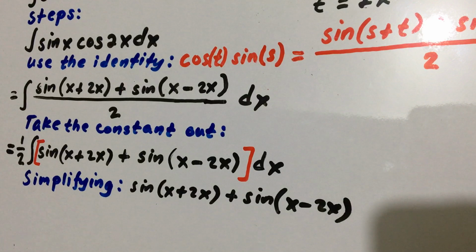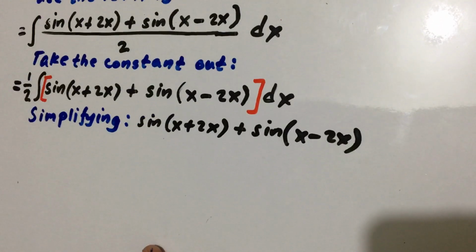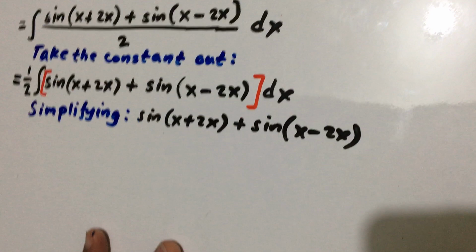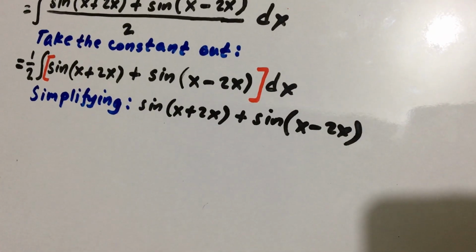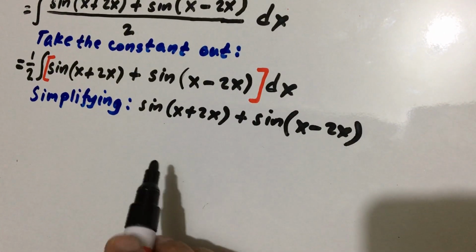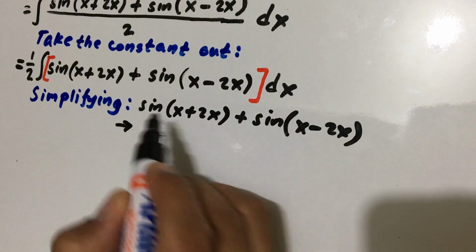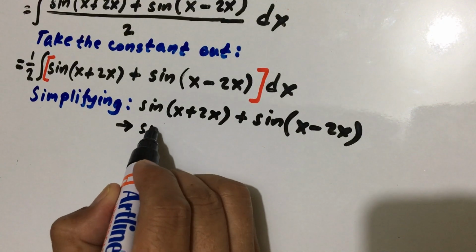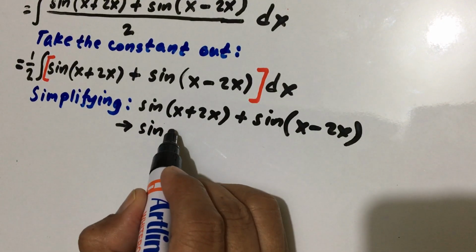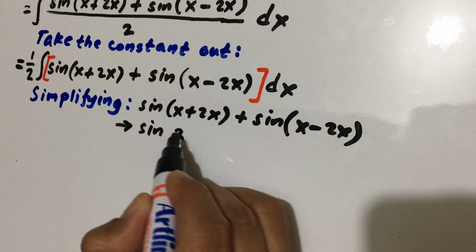So when you simplify this, this one here becomes sine(x + 2x), so this will be sine 3x.